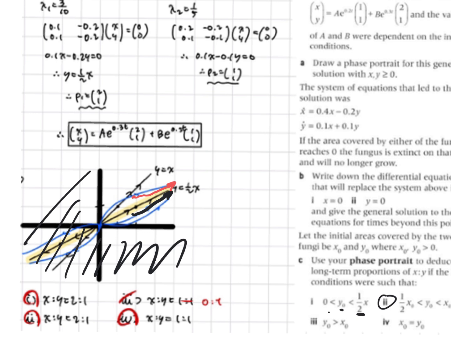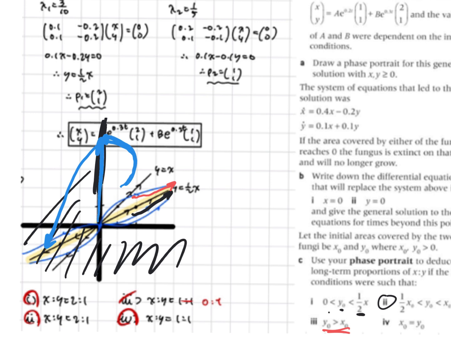And then if y is bigger than x, what happens there? So I'm starting over here, and it's going to come around and eventually go to the dominant one over here on the third quadrant. But because it's only defined up to here, it will eventually just end up going all the way to this axis.